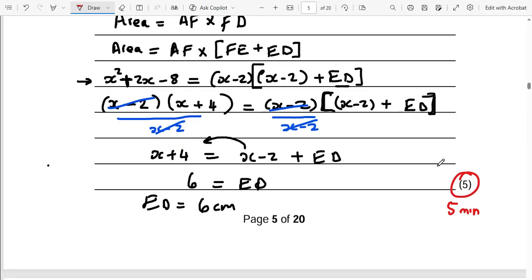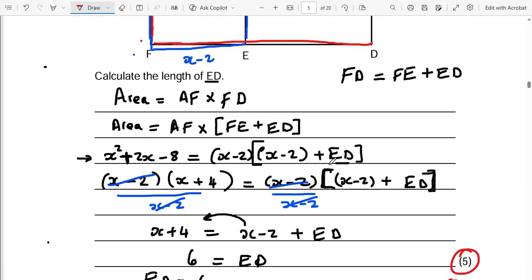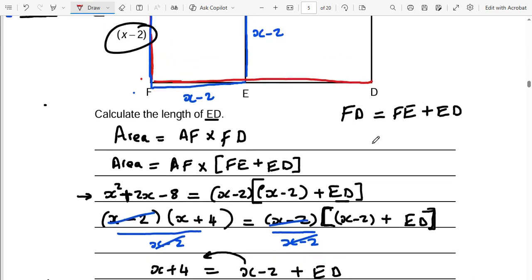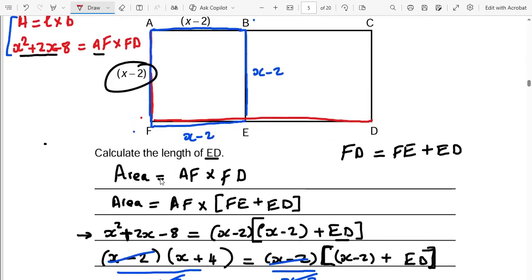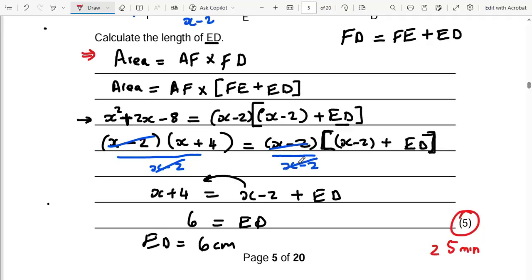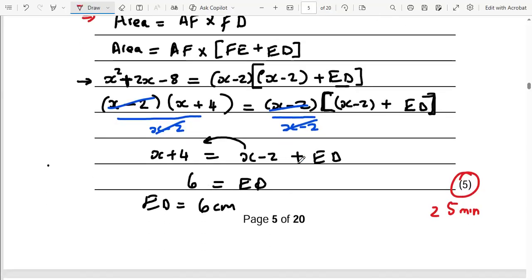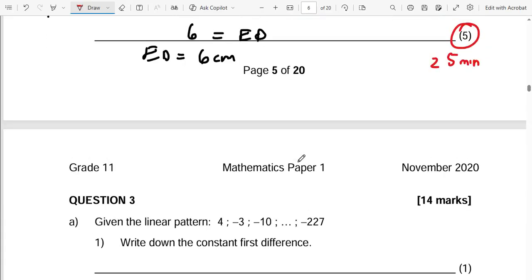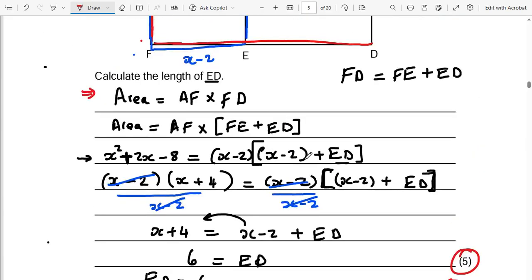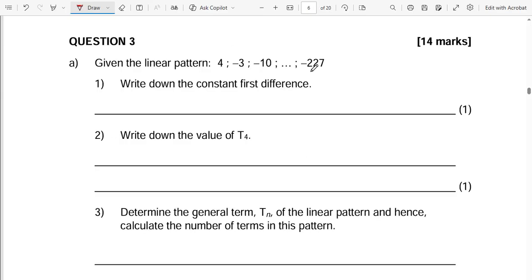The moment you see that it's been more than 2 minutes on this question, and you don't have the first step or the second step, leave the question and move to the next. You'll come back later, because the aim is to collect as many marks as possible. The aim is to collect those easy marks, because those easy marks make a difference. You understand? Let's move to the next question.